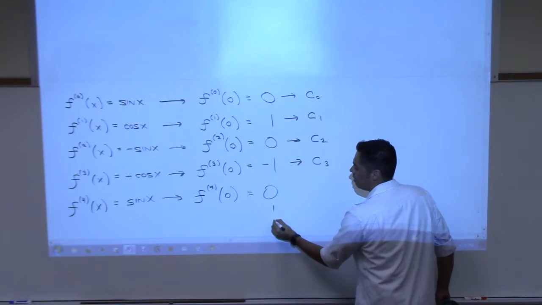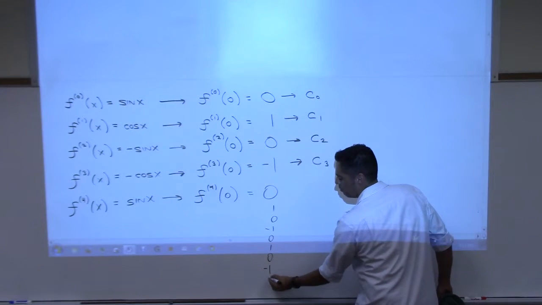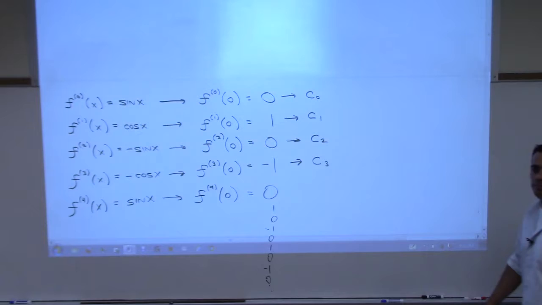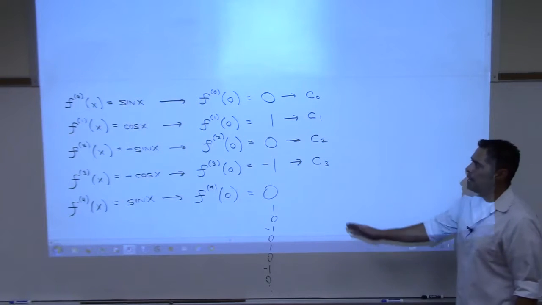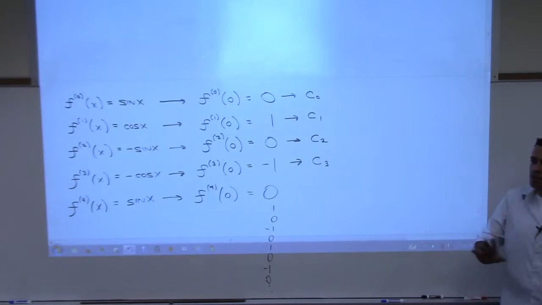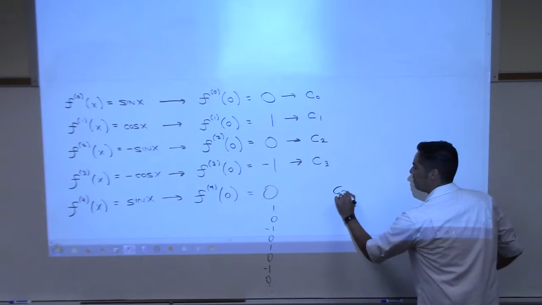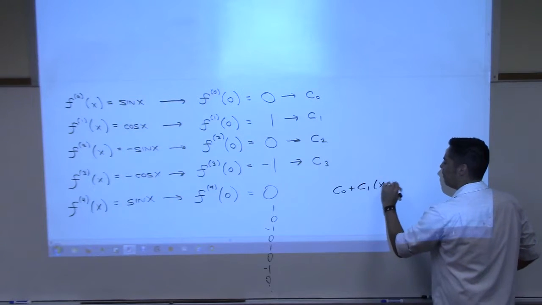And then it's going to be 1, 0, negative 1, 0, 1, 0, right? Negative 1, 0. It's going to continue that pattern. All right. Good. Because this pattern is so simple, what I'm going to do now is just start writing out the infinite polynomial. In other words, I'm going to take this general formula we have.